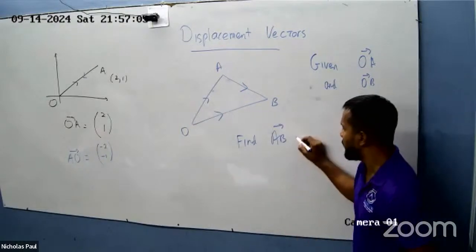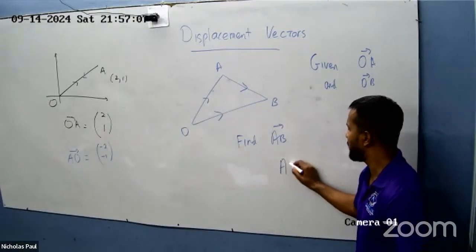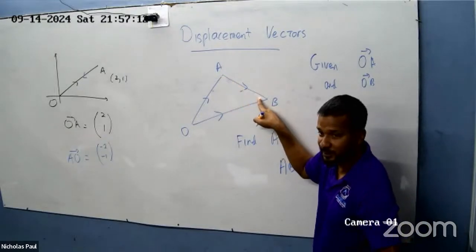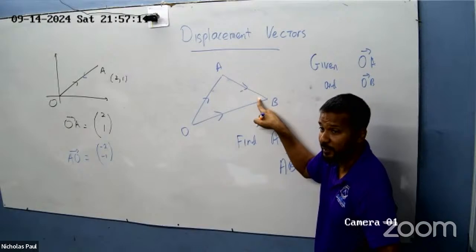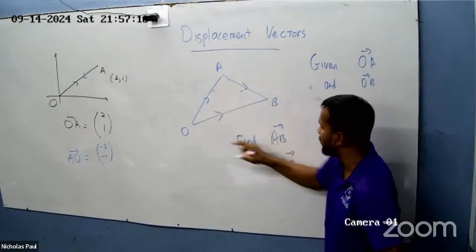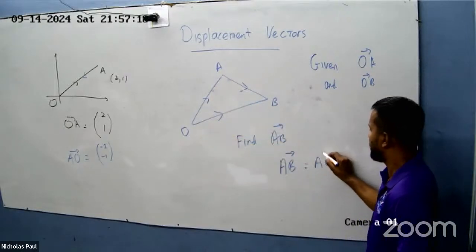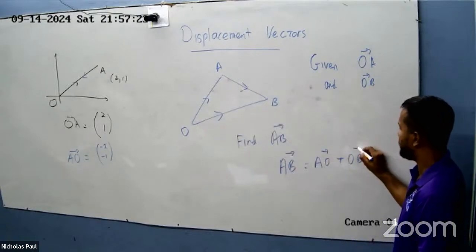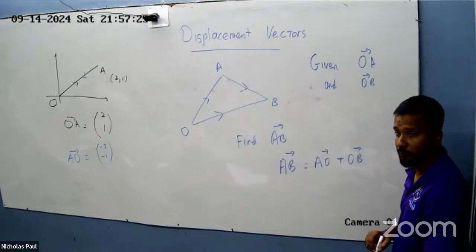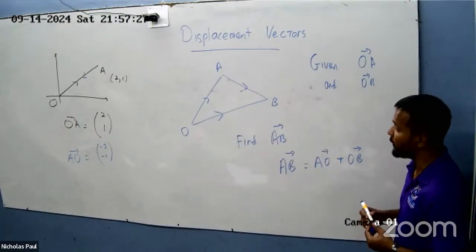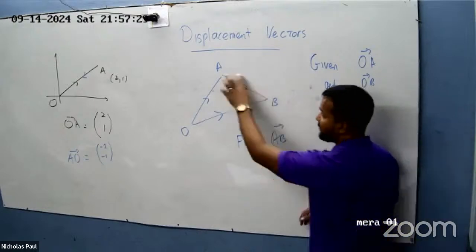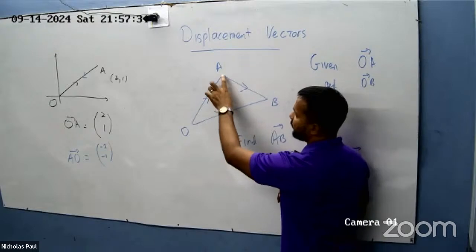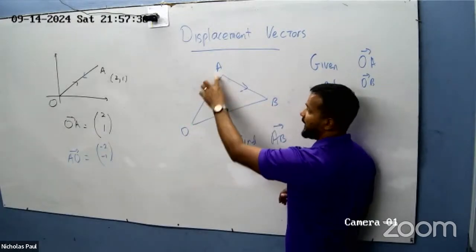So the alternate route from A to B: I can't go this way because I don't know the answer, but I could go A to O and then O to B. That's okay? So that's the way you use displacement vectors. Number one, you must have a triangle. And then using what you know, you find an alternate route from here to here. So you're going A to O, O to B.